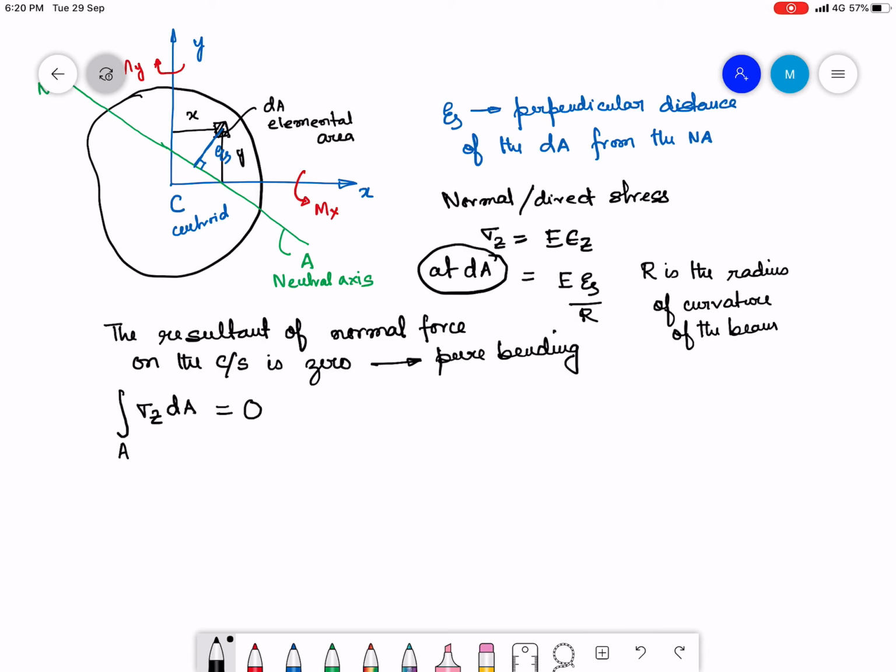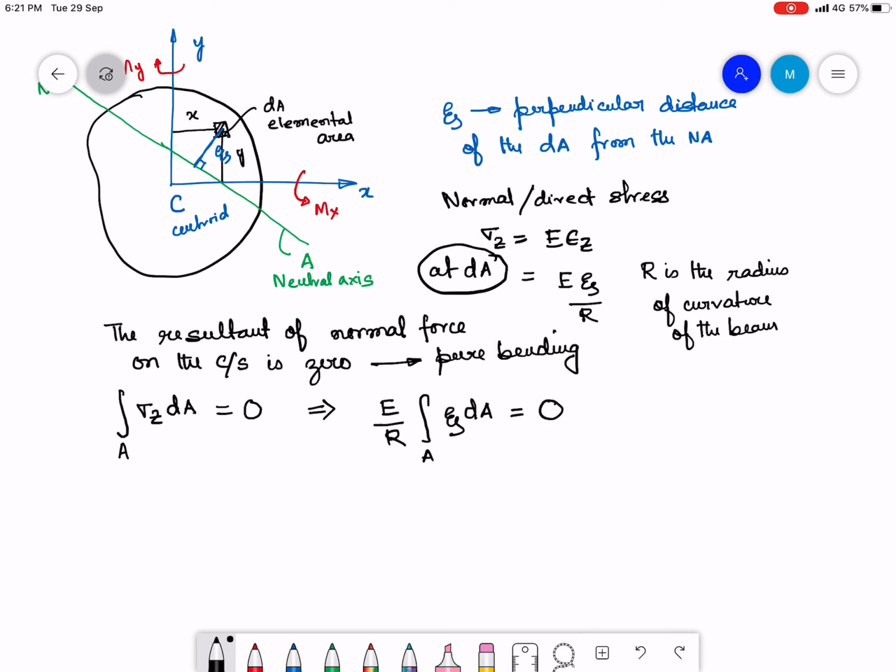So I can write this as E by R times the area integral of zeta into dA is equal to 0.